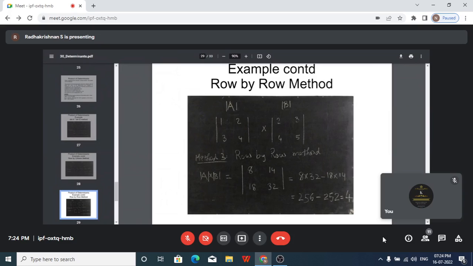So we multiply the determinants like this, and then evaluate 8 into 32 minus 18 into 14. So it again becomes 4. So we can multiply two determinants by multiple approaches.